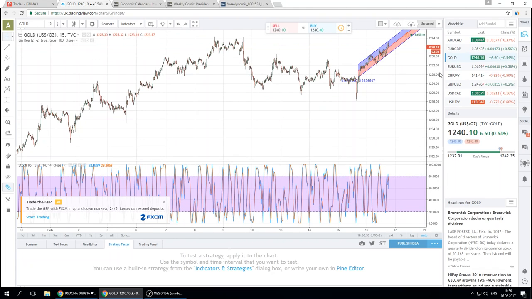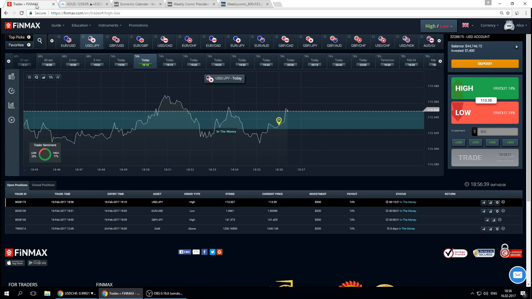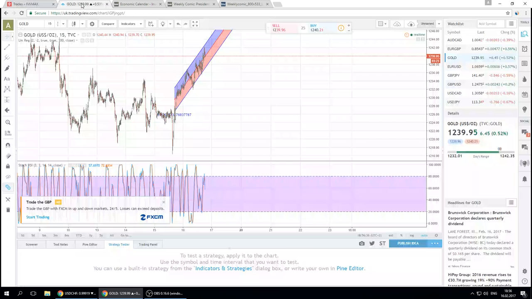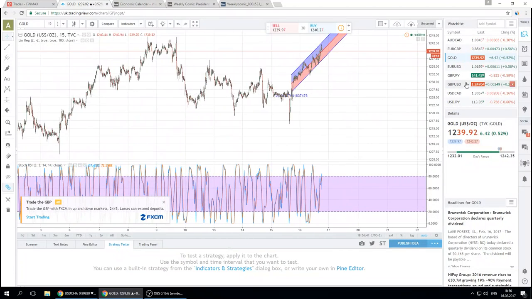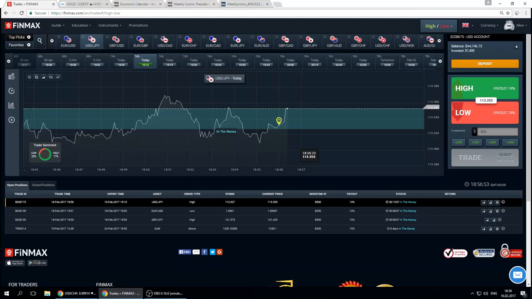Many traders ask me about trading on gold. That's a really interesting asset. I like it as well as the Japanese yen, because that's like a sanctuary for investors when they don't know what to do, when they don't know where to invest.